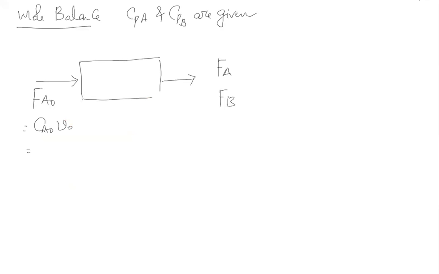Fa naught is Ca naught into V naught. Ca naught is 2. V naught is 0.01. So 0.02 kilomole per second. What is conversion? 20% conversion. Can you calculate Fa and Fb?